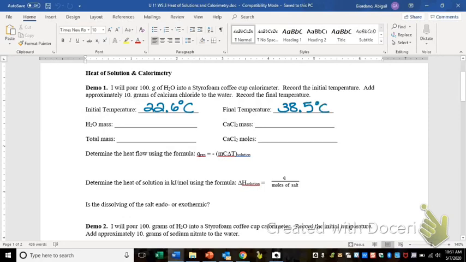The mass of the water was 100 grams. I measured out the mass of the calcium chloride. That was 10 grams. So the total mass of the whole solution would then be 110 grams.